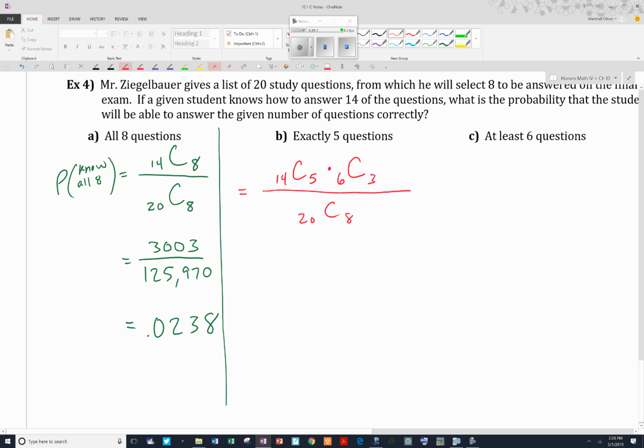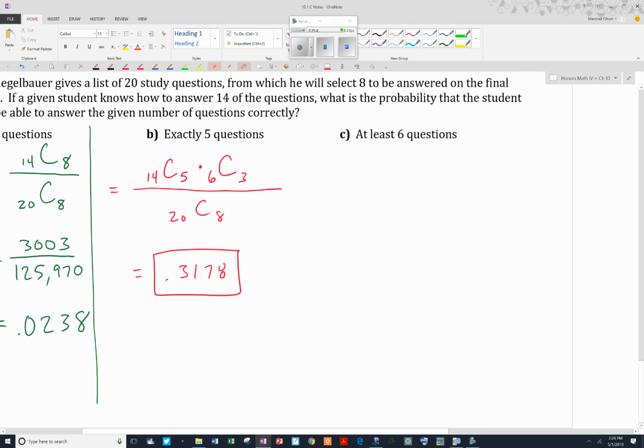We're not picking them, we're just saying this is the number of ways that could show up. So you're answering 5 questions correctly, and you are answering 3 questions incorrectly. This ends up being about 0.3178. We're getting there. There's a better chance if you're answering 5 questions correctly.